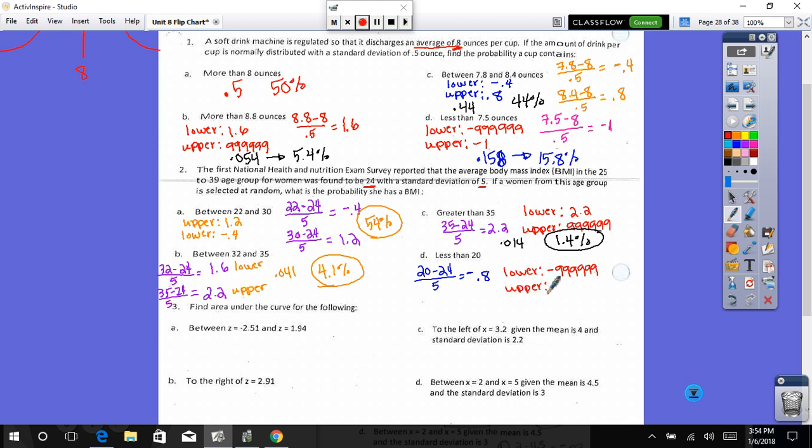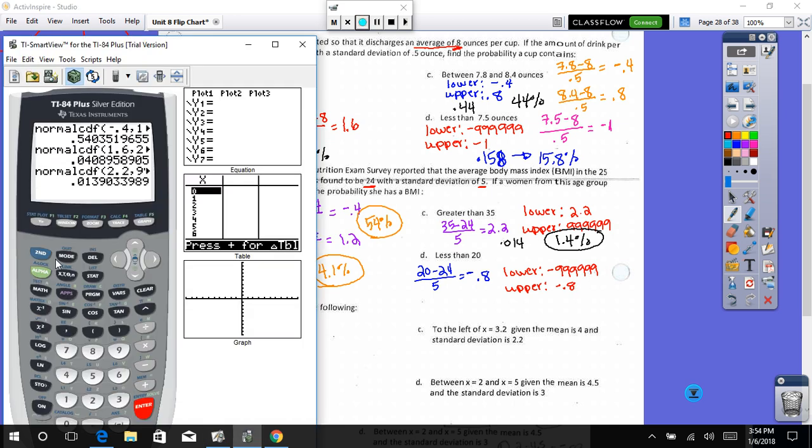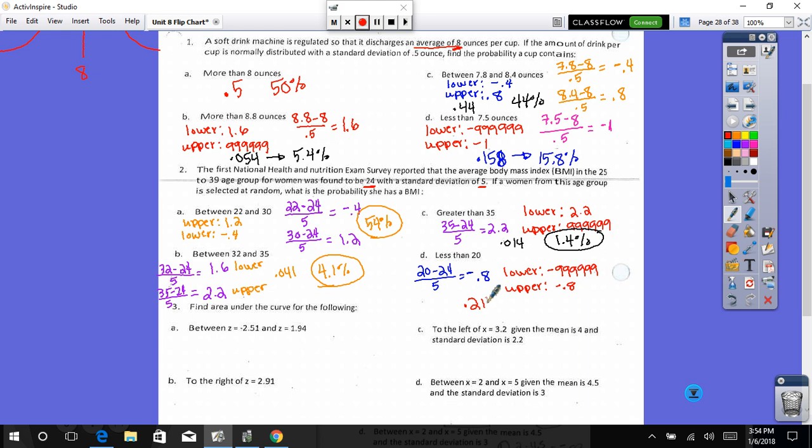It is the z-score of negative 0.8. And we get 0.211, or 21.1%.